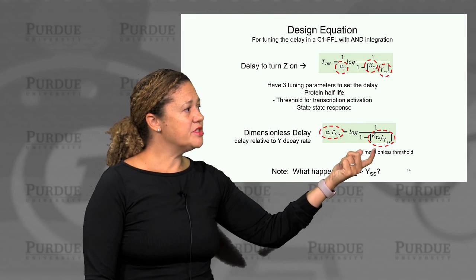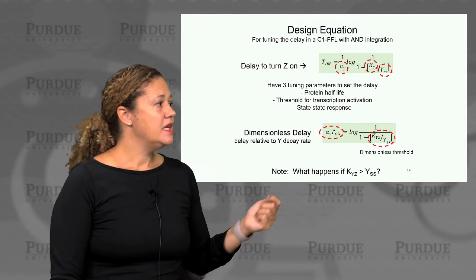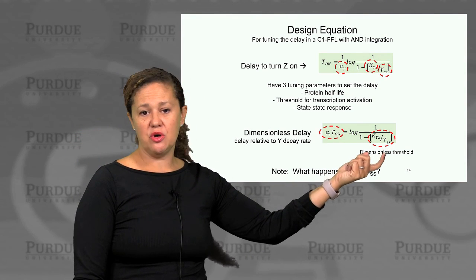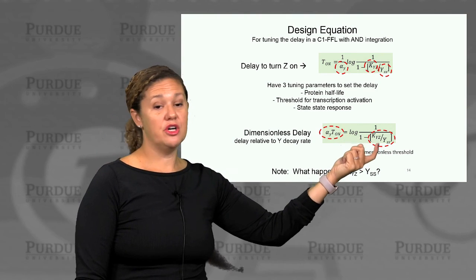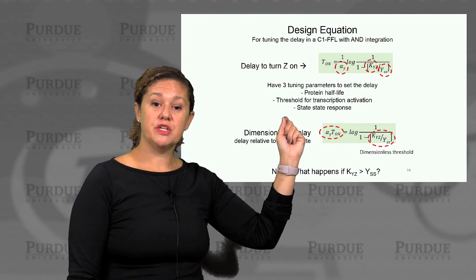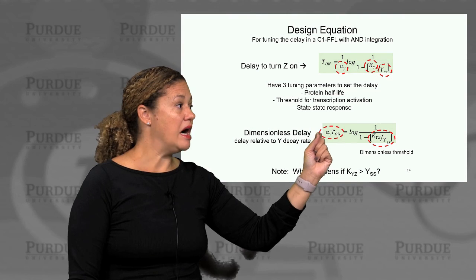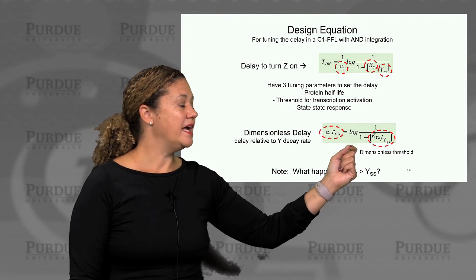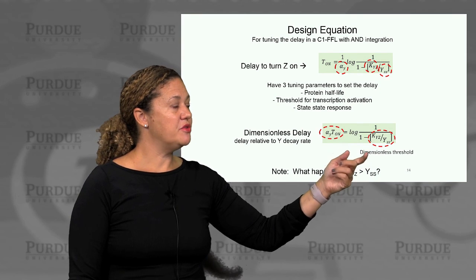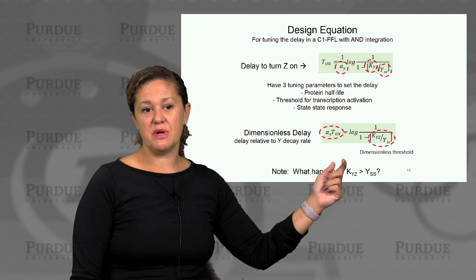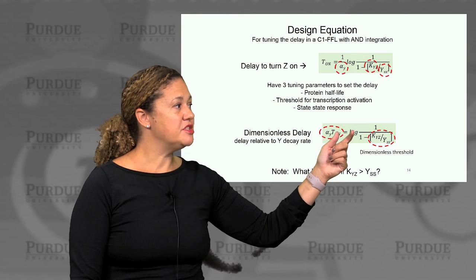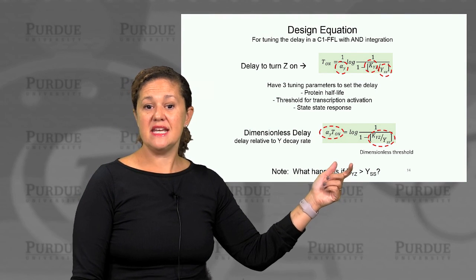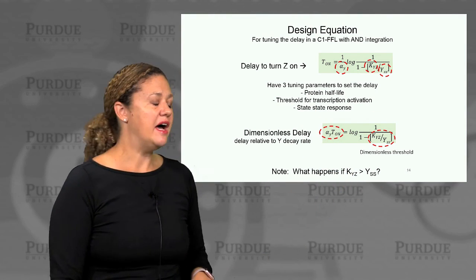And now we can see what's really important in this equation is the ratio of the threshold of turning on, which is going to be a level value of Y, relative to the steady state value of Y. And so now this ratio we can view as a dimensionless threshold. It's the threshold of Y to turn on Z relative to the steady state fully on value of our Y gene product level.